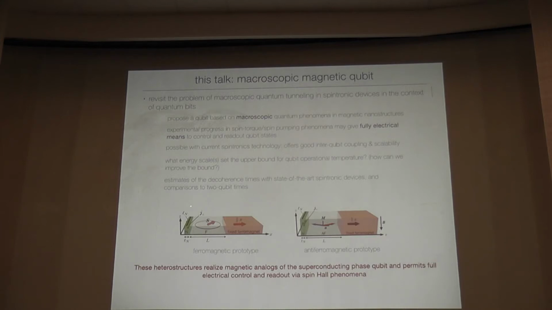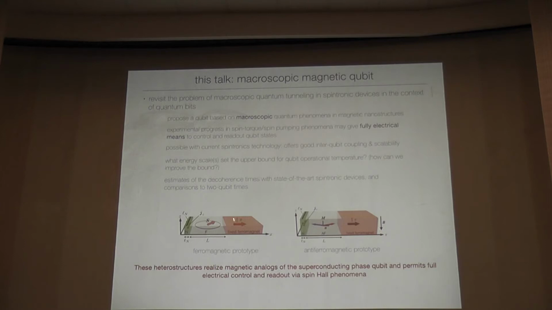So this kind of device should be possible with current spintronics technology. It should offer good qubit coupling as well as scalability. And this is an example of a macroscopic qubit. The only macroscopic qubit we know today is the superconducting Josephson qubit, so this would be a second proposal for a macroscopic quantum bit.